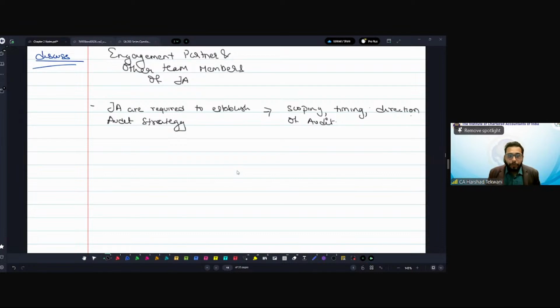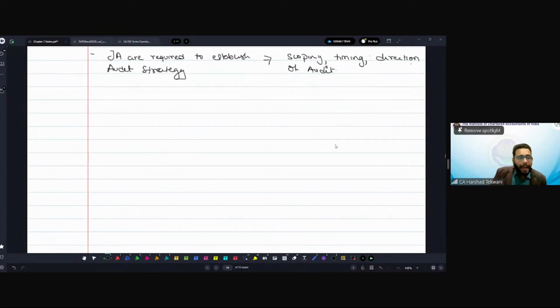So it's always preferable to first decide the overall strategy, how we will move in the audit, and then go on to the scope and other areas. Based on the strategy, I will decide my audit plan.